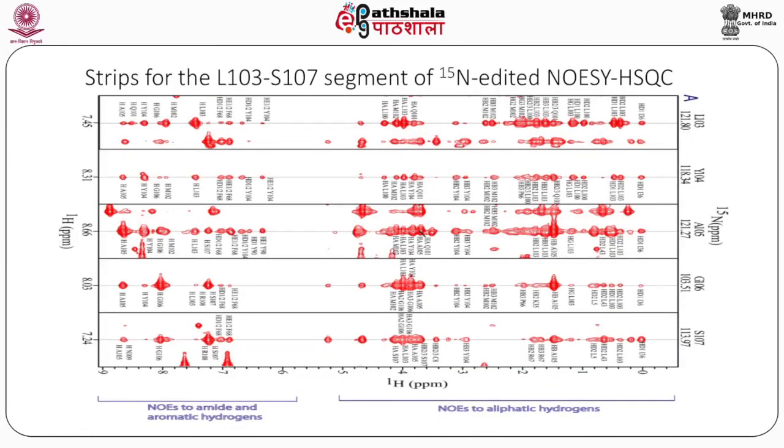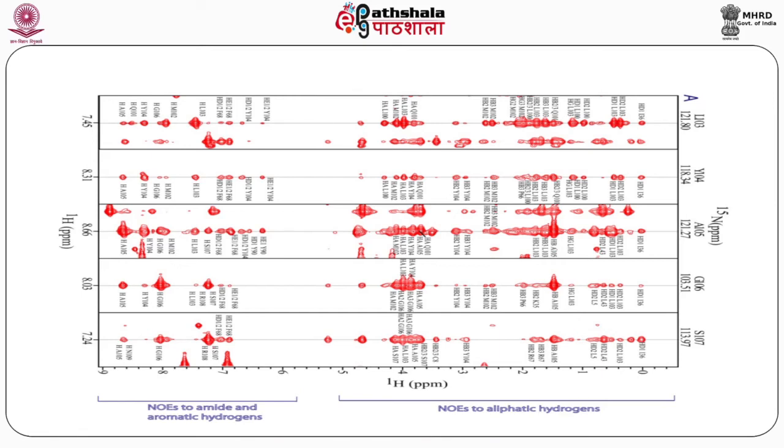In this slide, we see strips from the L103 to S107 segment of the N15 edited NOESY-HSQC. This slide has been tilted by 90 degrees to give you a better idea of the resolution or separation of the peaks. On the right side, you have labeling of N15 ppm and you have the residue numbers L103, Y104, A105, G106 and S107.